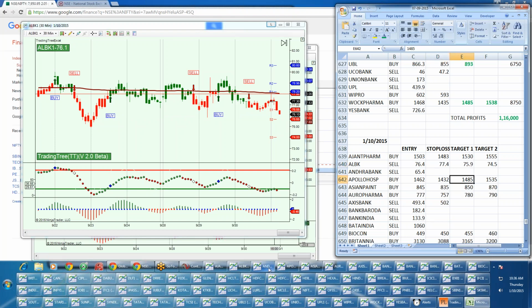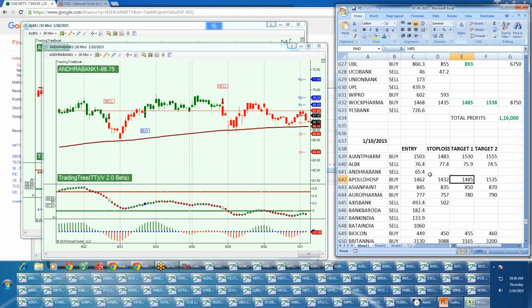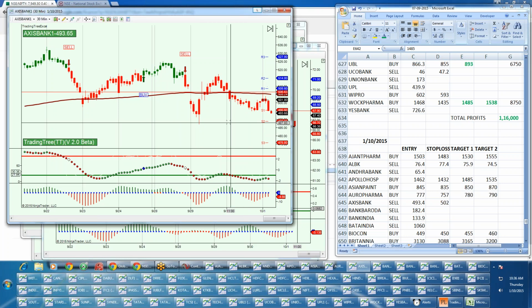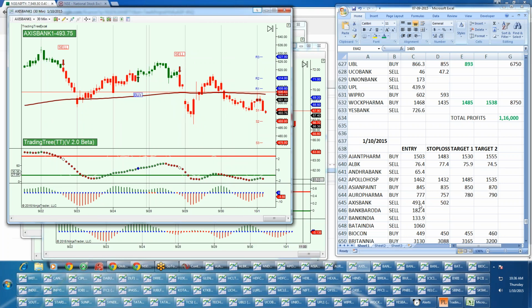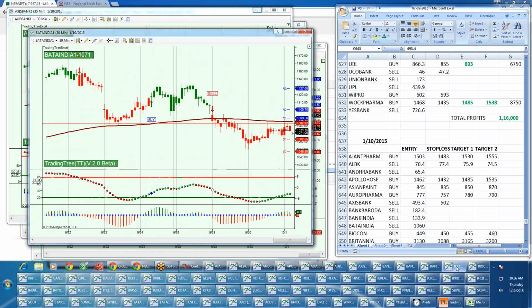Now let me just check Andhra Bank. So 65.40 is our entry. We should have that now. Axis, you can just see that it's already triggered. 493.40 is our entry. Bata 1060 is our entry again.